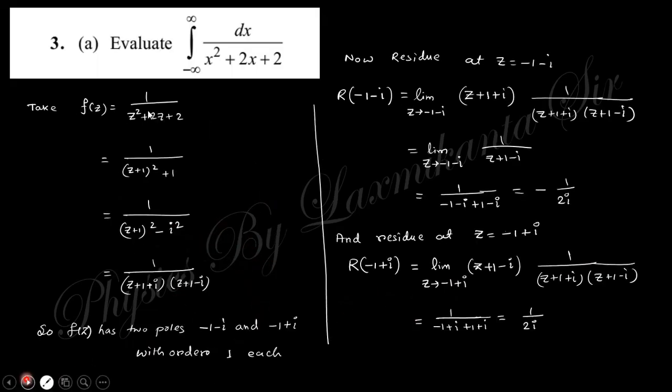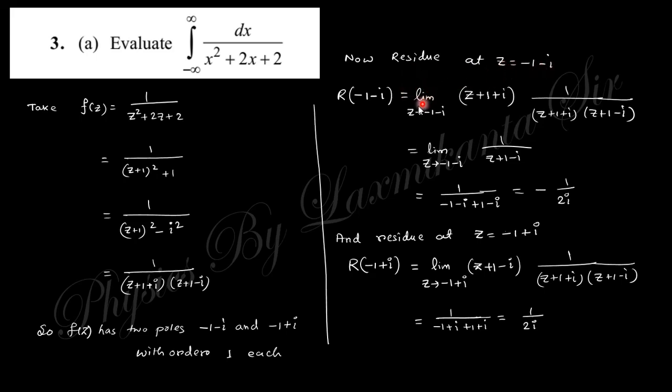Next question. Evaluate this integration dx by x square plus 2x plus 2. Taking this as a function of z, f of z equals like that, and expand this in this form. One is written as minus i square, and the a square minus b square formula is written here. So there is a pole at z equals -1 minus i and z equals -1 plus i, with order 1.